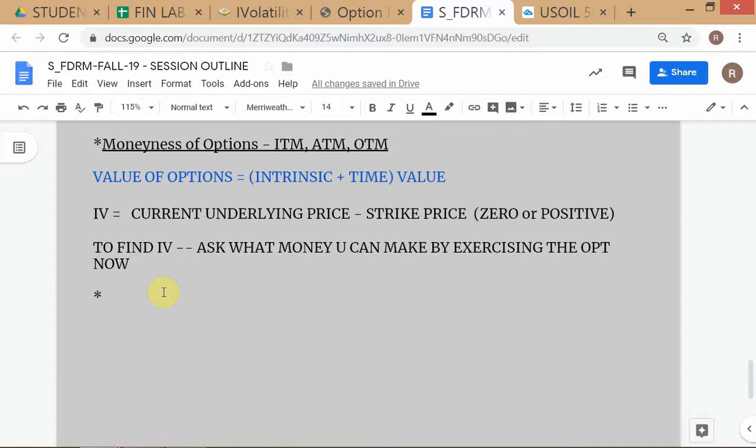This is what you need to remember for intrinsic value. If I exercise this option now, how much money can I make? We only think of it as 0 or positive, because nobody is going to exercise an option and make a loss.